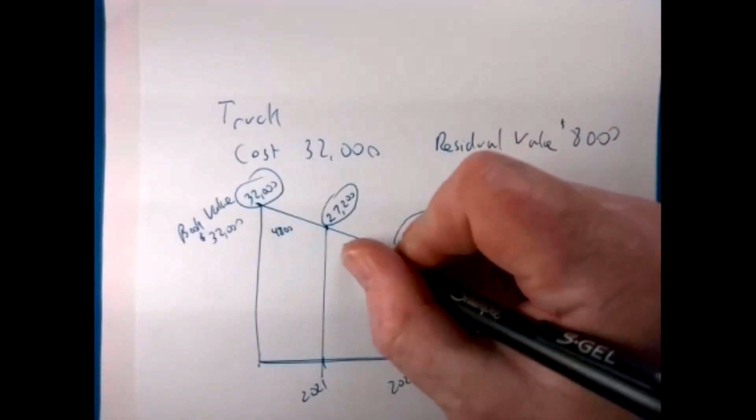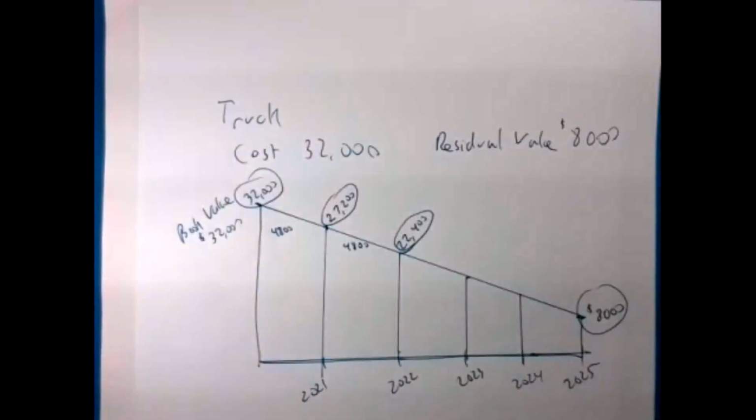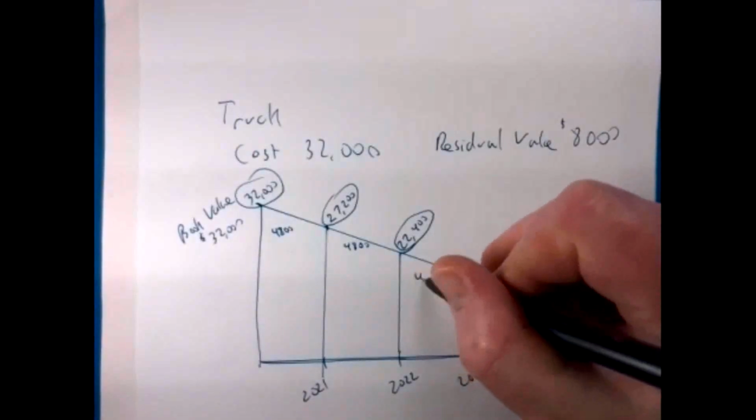So every year is going to go down by the same 4,800. So if you were to chart this out, it would be a straight line.